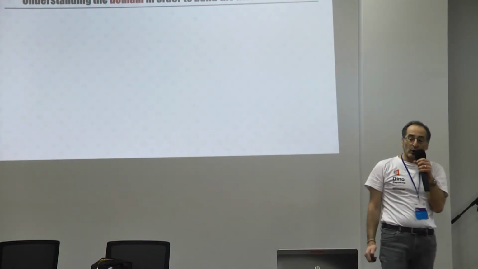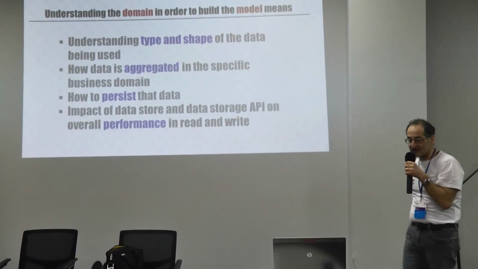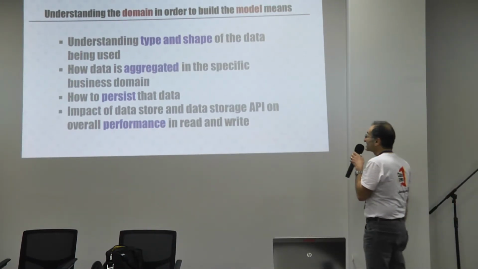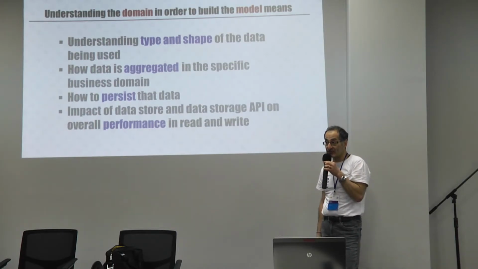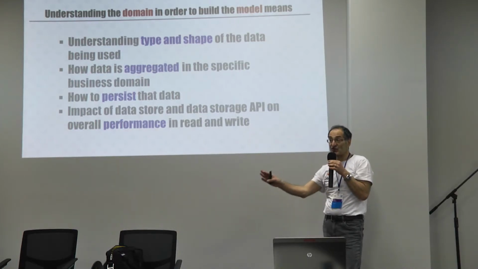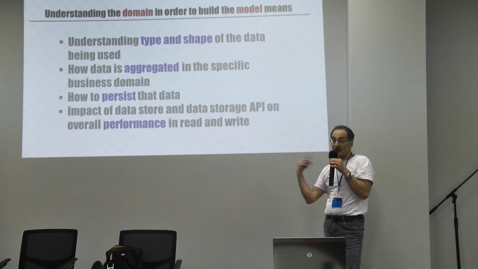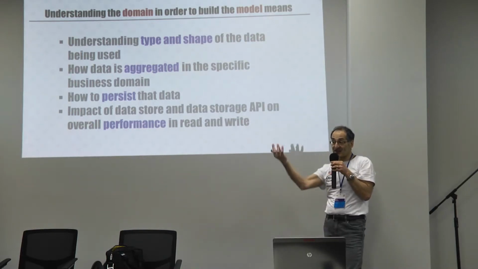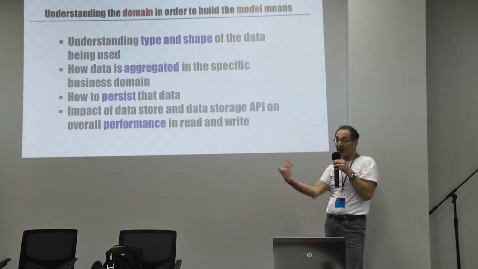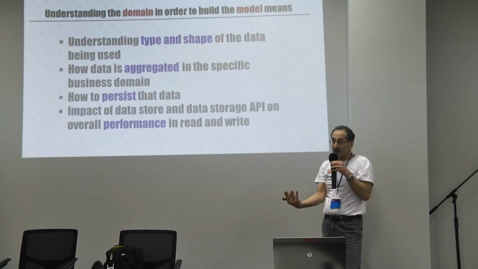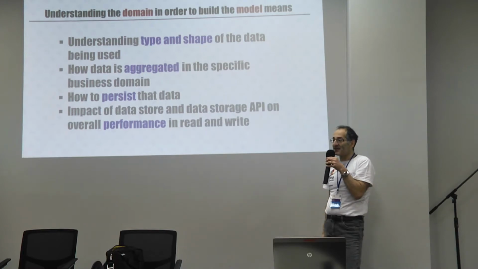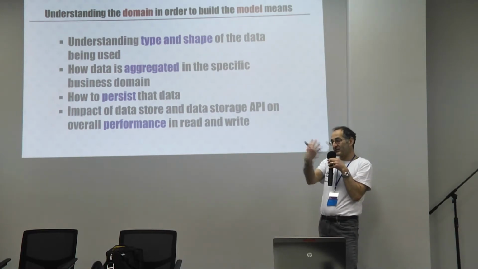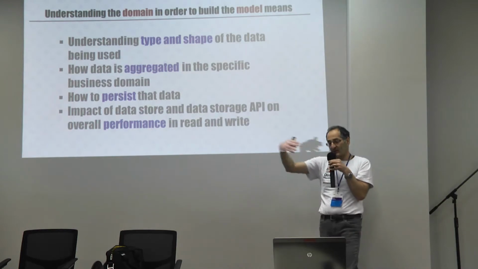So understanding the domain in order to build the model means understanding the type and shape of the data being used. And this is the first part of what we have said so far. It means understanding how individual pieces of data can be and should be aggregated together to provide aggregates of data that can be used in the workflows, in the processes.